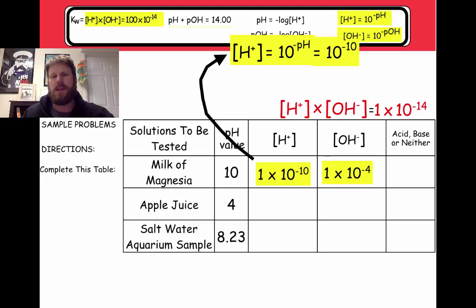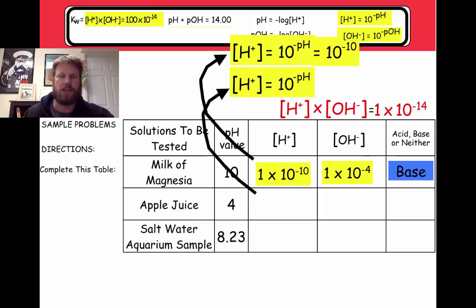If I use my pH diagram and look up 10 to the negative 10th for my H plus concentration, or a pH value of 10, you will see that it's on the basic side of the pH diagram. Apple juice has a pH of 4, so to determine the H plus concentration, you simply take 10 to the negative 4th, which ends up being 1 times 10 to the negative 4th.